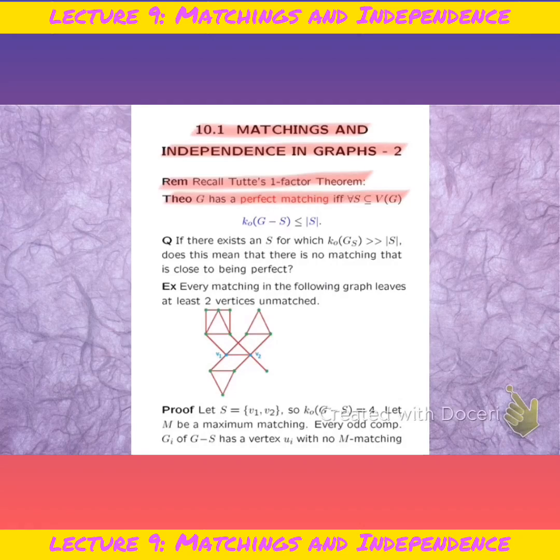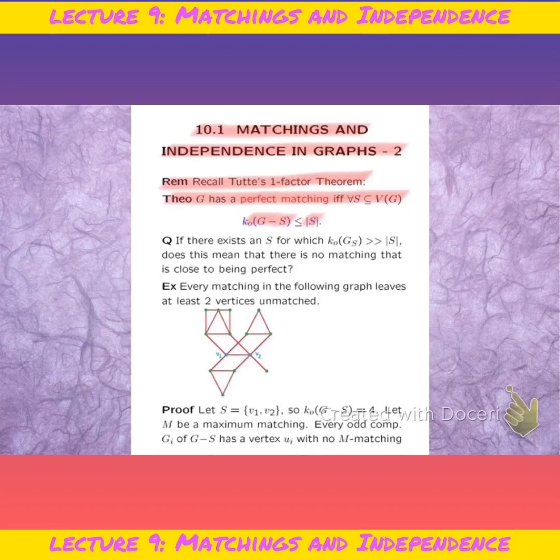Now, a graph has a perfect matching if and only if for every subset S of the vertex set of G, if you remove this subset from G and count the odd components, that number is at most the number of vertices within the set S. And that has to be true for every subset S of G. So that's a characterization. Whenever this inequality breaks down for some set S, you don't have a perfect matching.